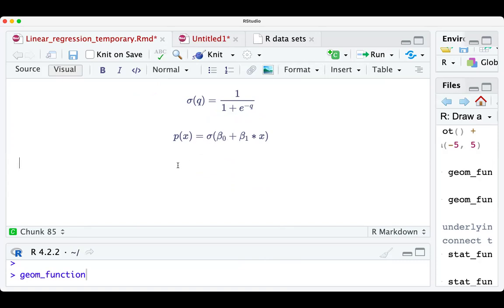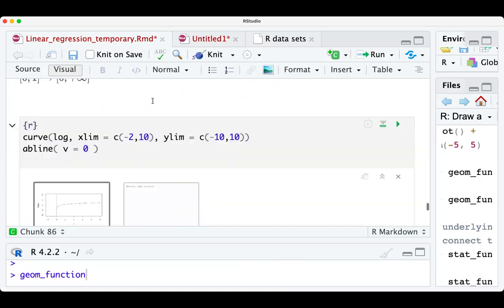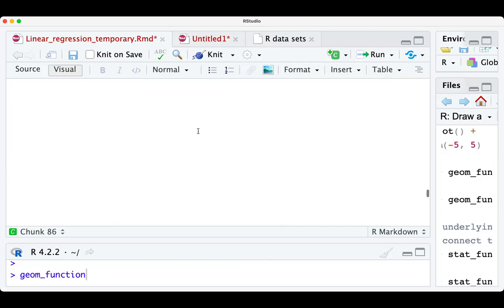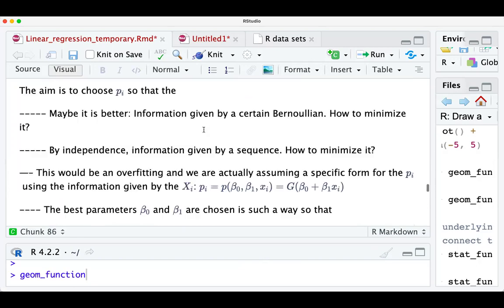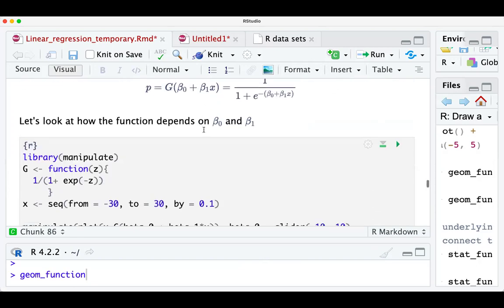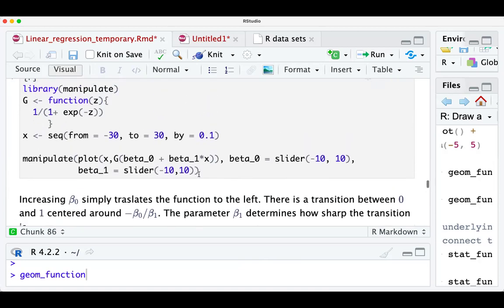Let's do the plot. Now I have to remember the code because I don't remember it actually. So it was this one.